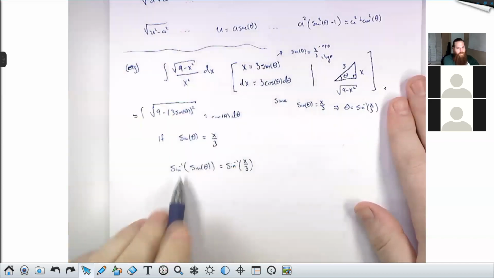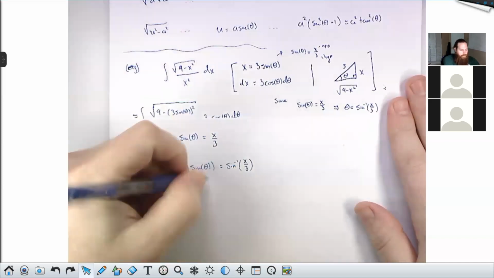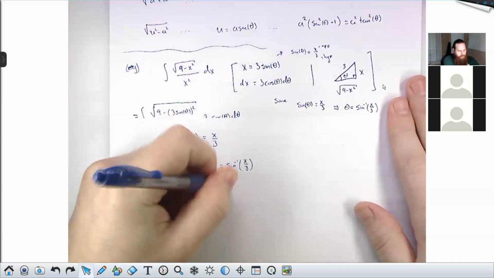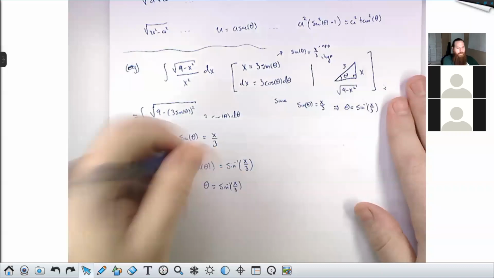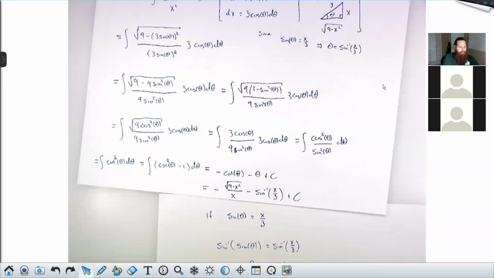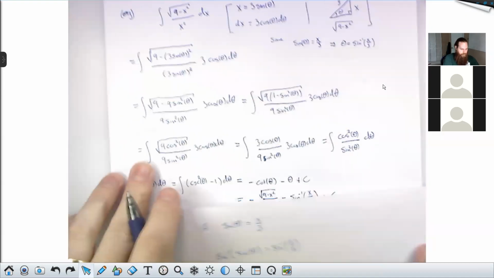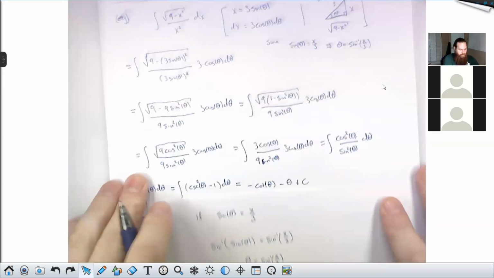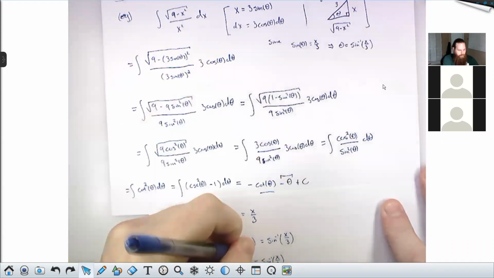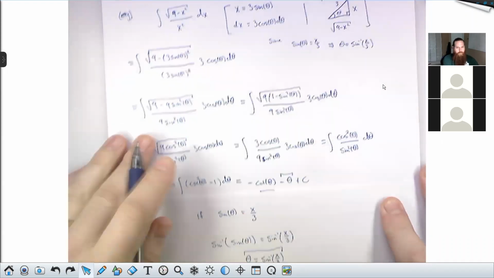And then the inverse sine of sine theta is theta. And that's what I was plugging in for right here. So this theta right here is the inverse sine of x over 3.